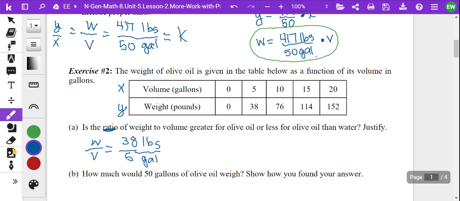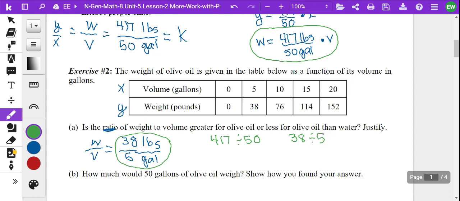So how are we going to compare that to water? Because we have water up there and we have olive oil right here. So we could turn that into decimals, so why don't we just turn those into decimals? Okay. So 417 divided by 50, and then we have 38 divided by 5.